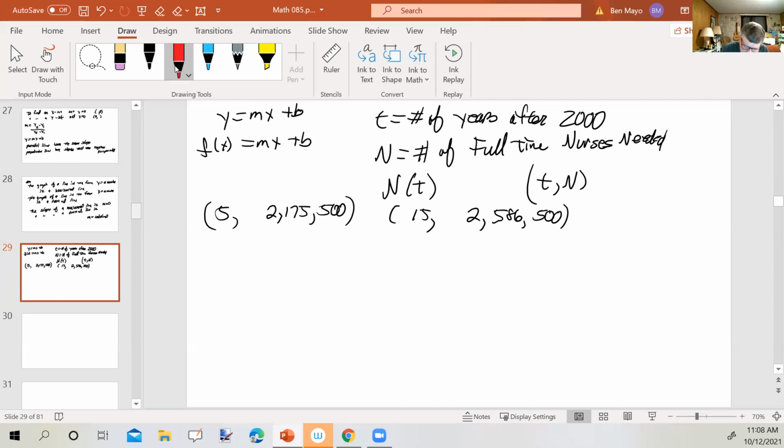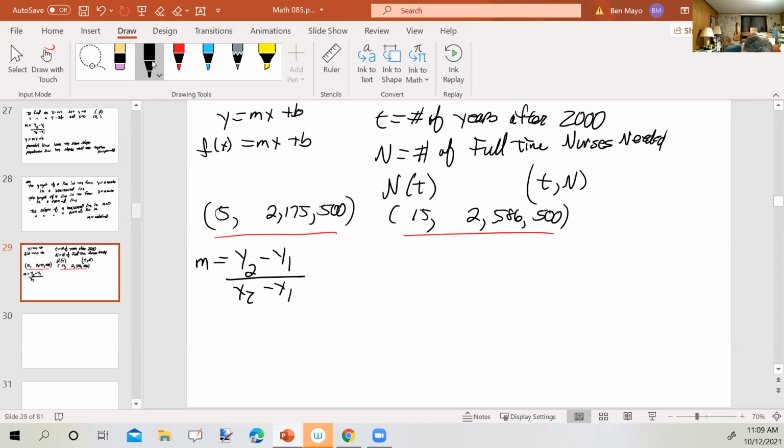So I'm going to take these two ordered pairs and write the function. Now, I'm going to use X and Y because the formulas are written in X and Y, but then at the end I will change the variables. I'm going to use the slope formula: M equals Y sub 2 minus Y sub 1 over X sub 2 minus X sub 1.